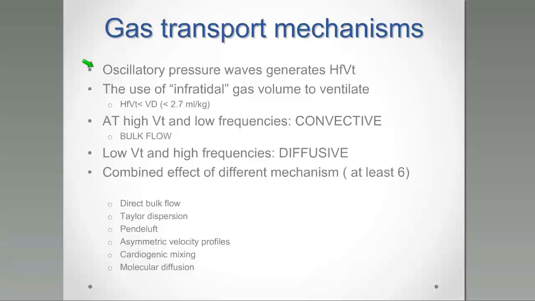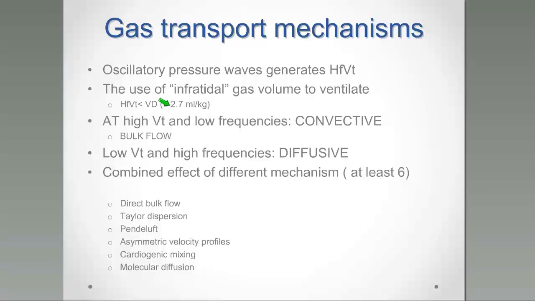So I think it's important to underline that whichever mechanism is involved in gas transport during high frequency ventilation, we have to remember that the oscillatory pressure waves are going to generate what we call the tidal volume of high frequency. This is the high frequency tidal volume. This tidal volume normally does not reach the alveolus, so it is lower than the dead space, and by definition lower than 2.7 ml/kg if the anatomical dead space is not very big.